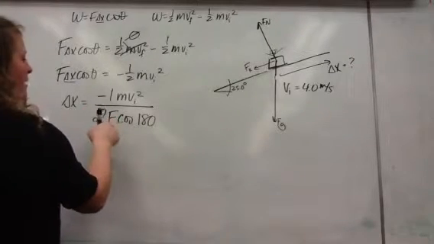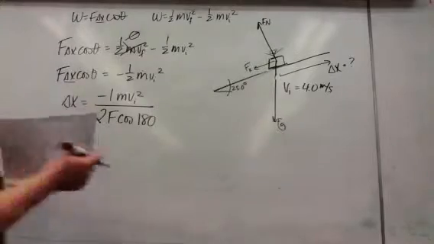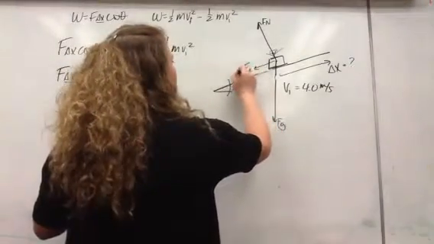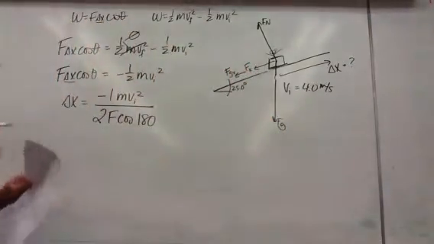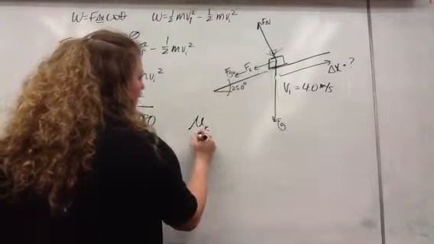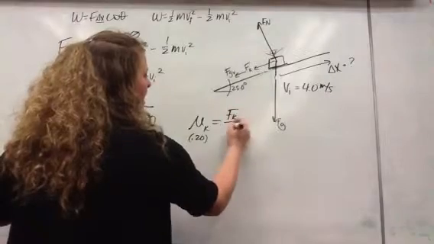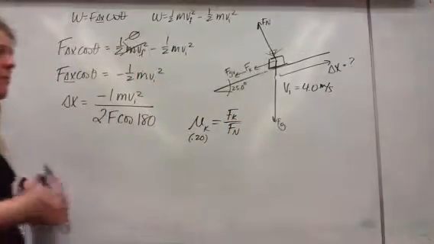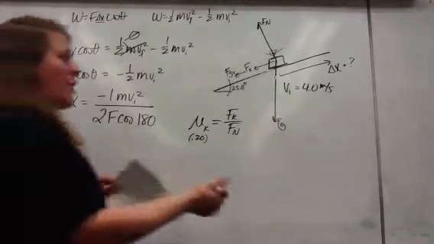Okay, let's figure out the force on the monkey that's doing the work to slow it down. So we've got the force of kinetic friction. We also have the force of gravity on the x. We're given mu k, 0.20. We know that mu k equals fk over fn. This goes back to chapter 4 stuff. You have to do a sum of forces on the y.